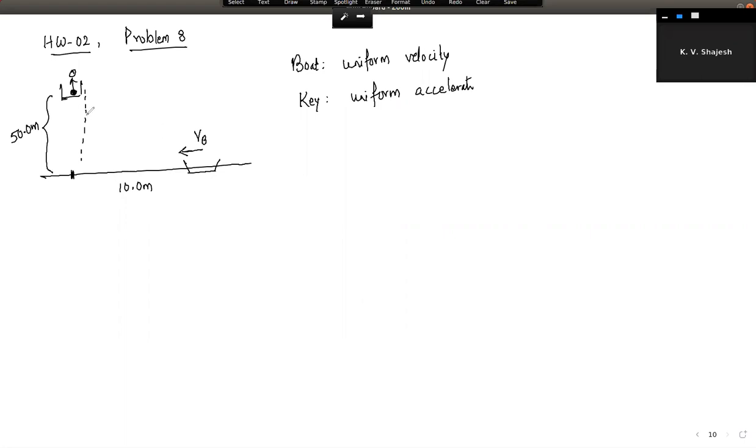Further, as far as the distance goes, this is delta y, and that's delta x.